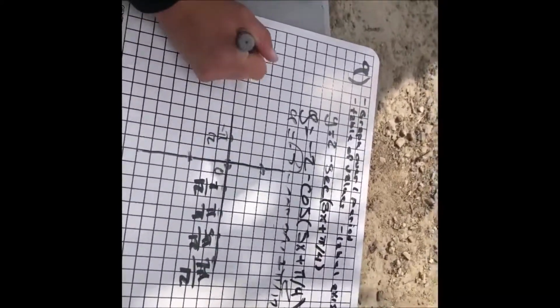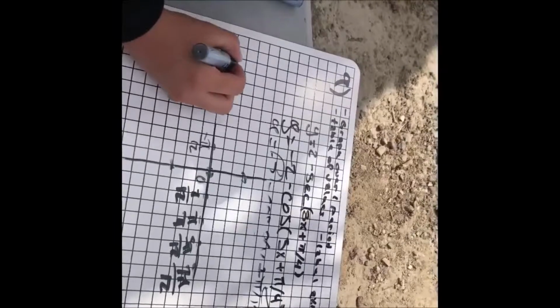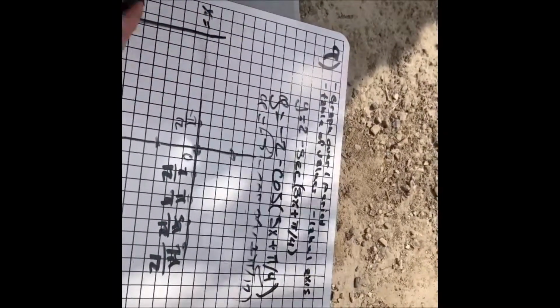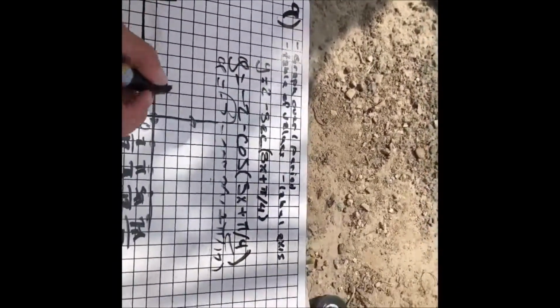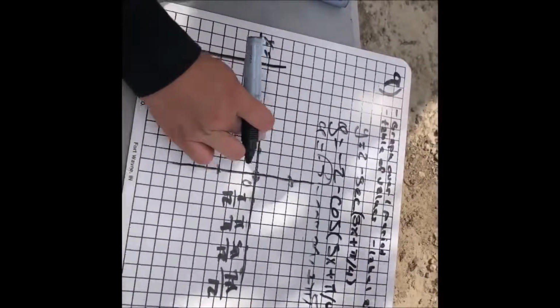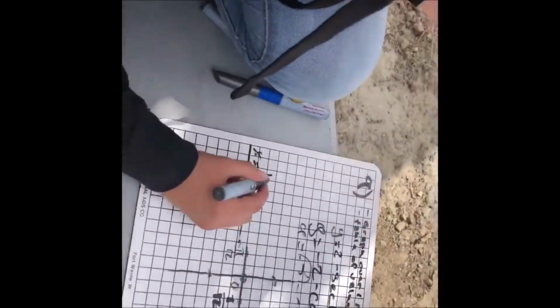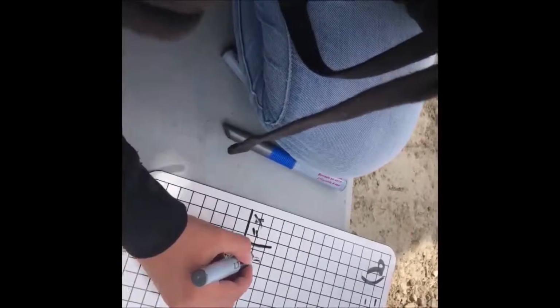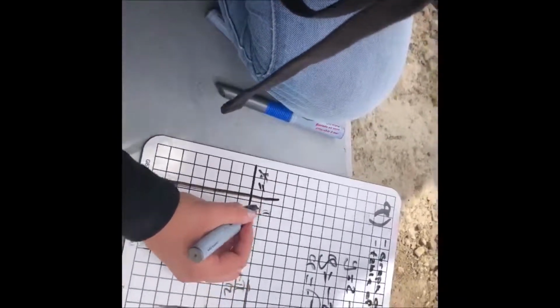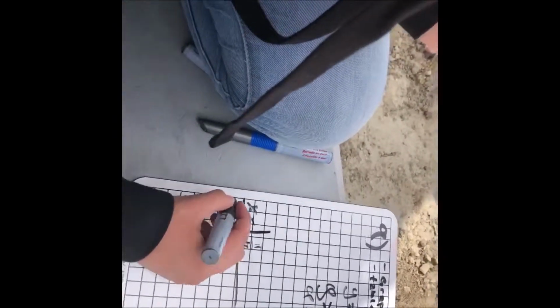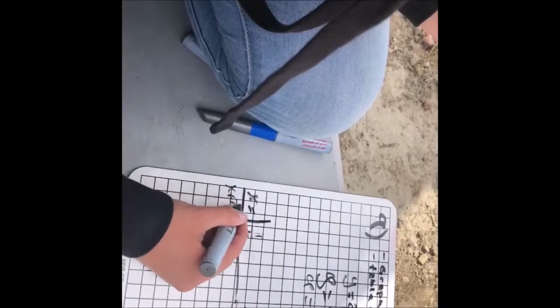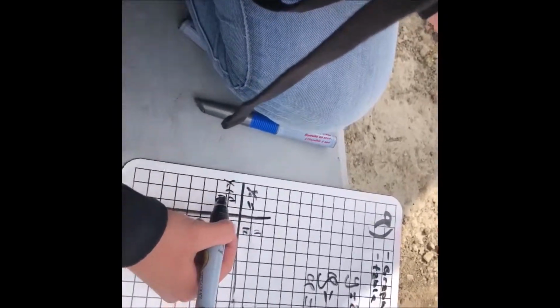So we're going to put x equals. And then we're going to put in these. So we're going to put negative pi over 12, and then x plus pi over 12 will be over here.